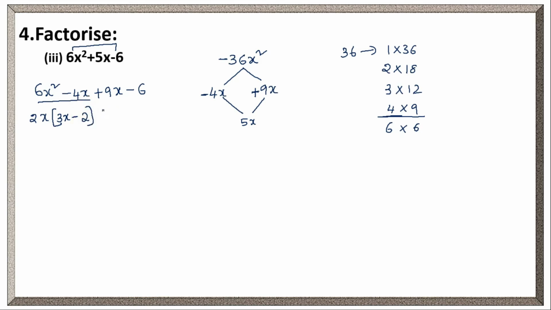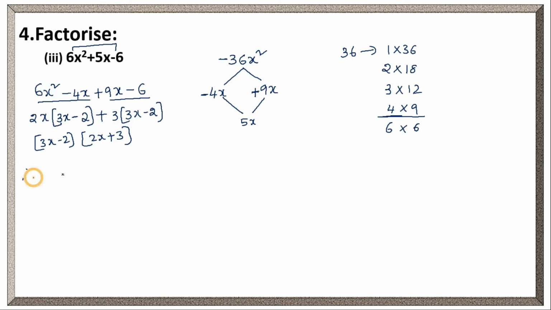In the same way, here 9x minus 6, the other two terms we have. In this what can we take as common? Plus 3 I can take as common. What remains? 3x minus 2. Clear? 3x minus 2 is common, right? Let us take common. What terms remain? 2x plus 3.